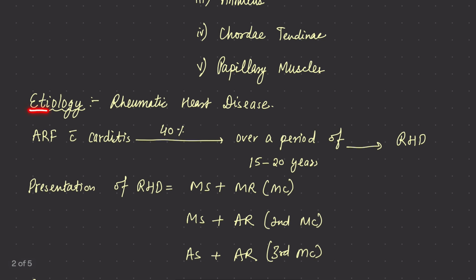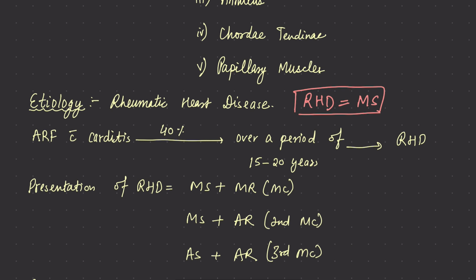What is the etiology of mitral stenosis? Rheumatic heart disease is nothing but mitral stenosis. Anywhere in medicine or in cardiology, wherever there is the term rheumatic heart disease, it is mitral stenosis, because the cause of mitral stenosis is rheumatic always.